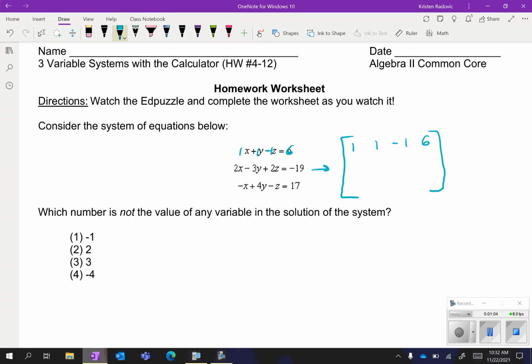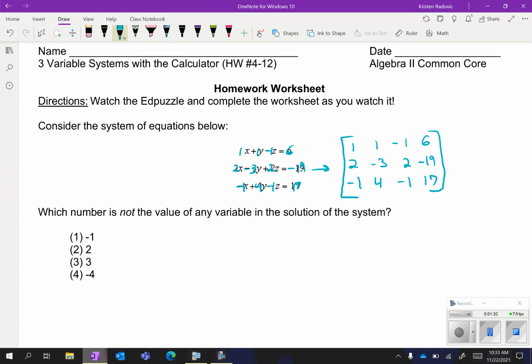The second equation, my coefficients are 2, -3, 2, -19. And my last equation, my coefficients are -1, 4, -1, 17.